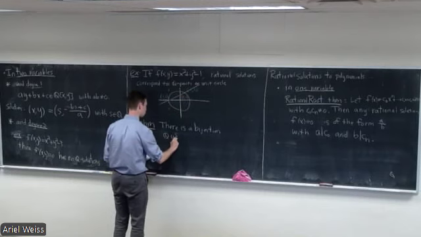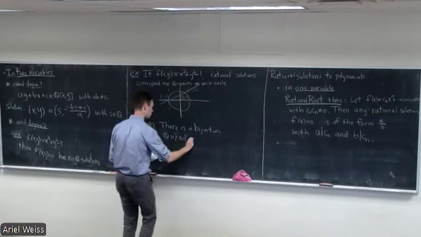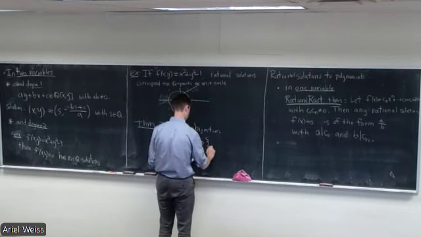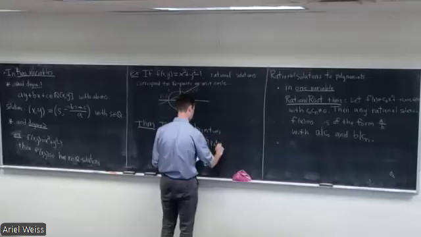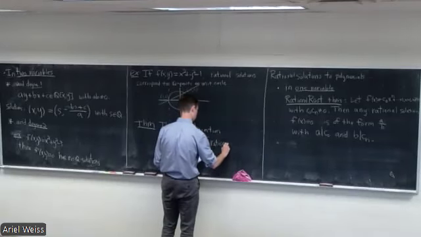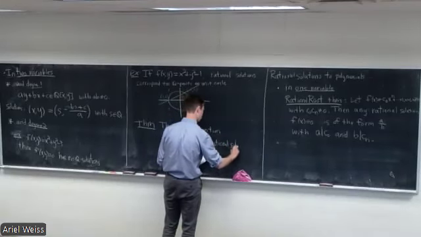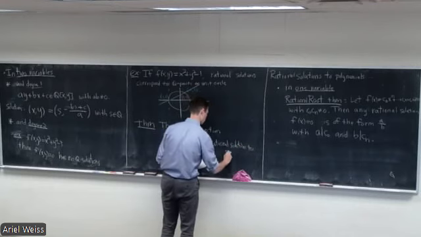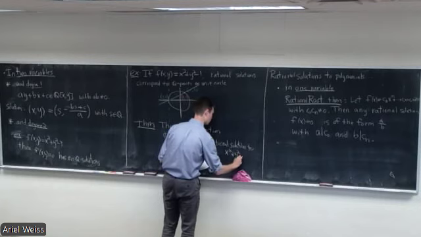There's a bijection between slopes, these rational lines, and rational solutions to x squared plus y squared equals 1.